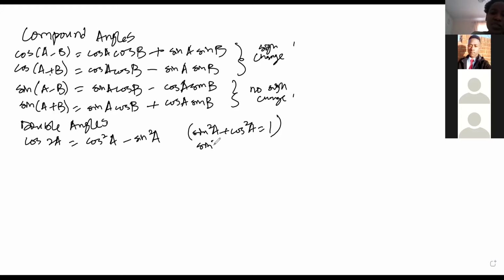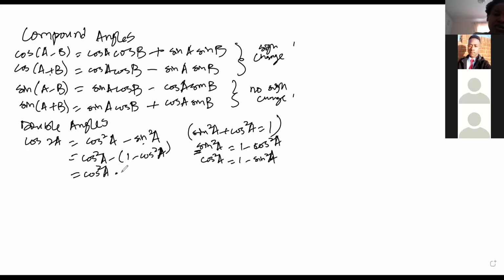That means sin squared A can be 1 minus cos squared A, and cos squared A can be 1 minus sin squared A. So I can replace this here. If I replace sin squared A, I will have cos squared A minus (1 minus cos squared A). This gives me cos squared A minus 1 plus cos squared A, that gives me 2 cos squared A minus 1.